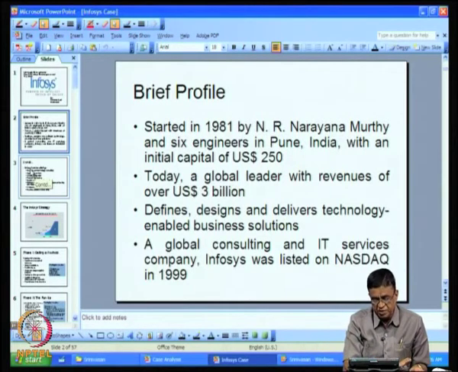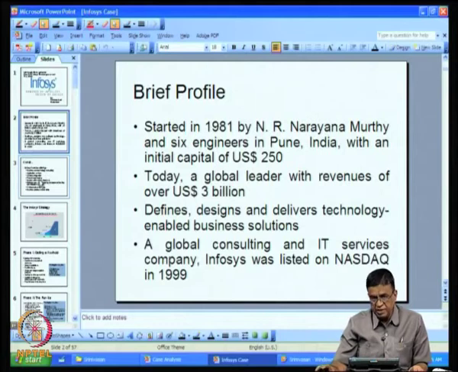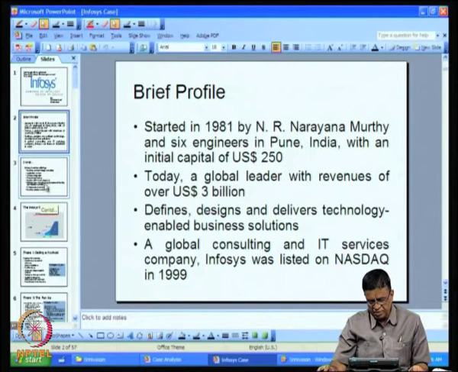This was in 2009. So, when this whole thing is analyzed, now company is even above 4 billion as I understand. The company defines, designs and delivers technology enabled business solutions. A global consulting and IT services company, Infosys was listed on NASDAQ in 1999. This is the first Indian company to be listed in NASDAQ.